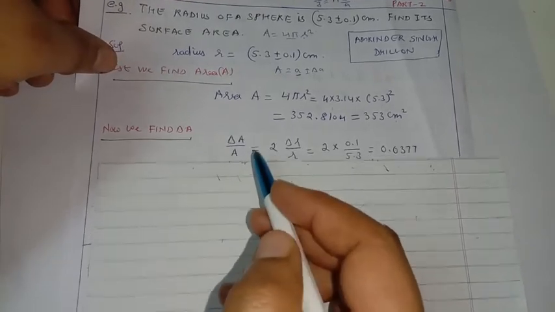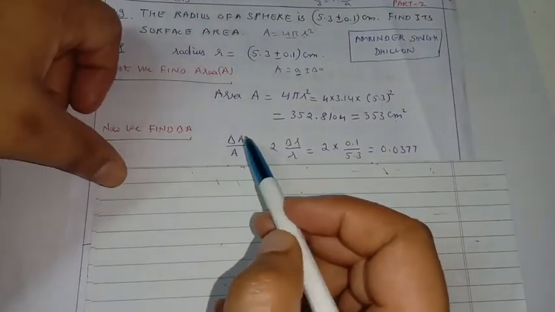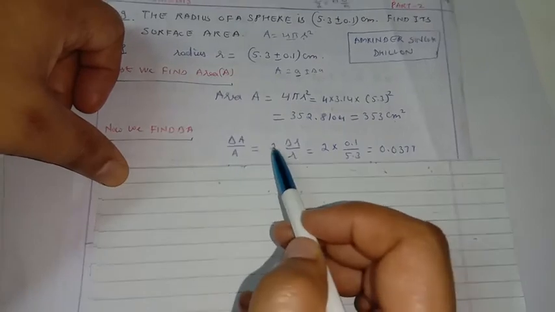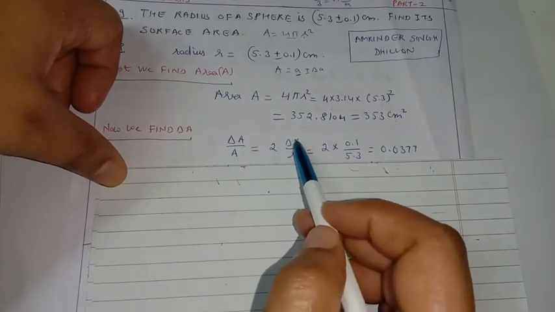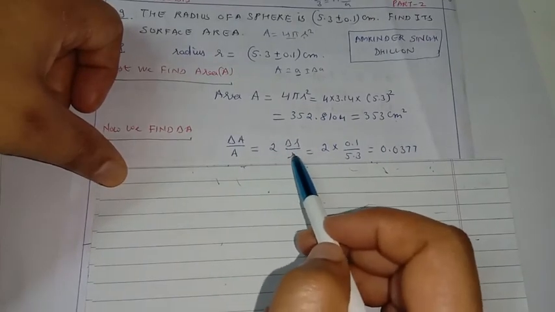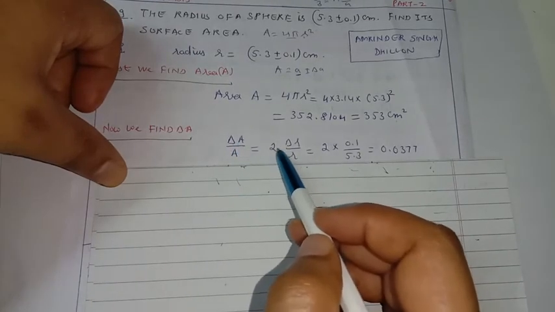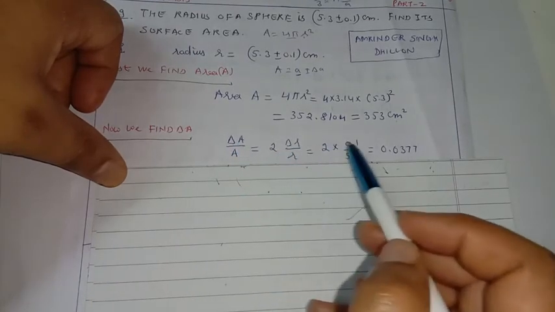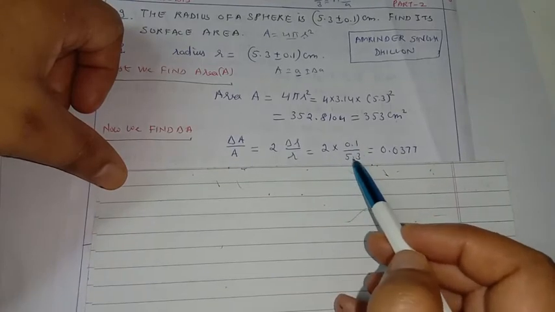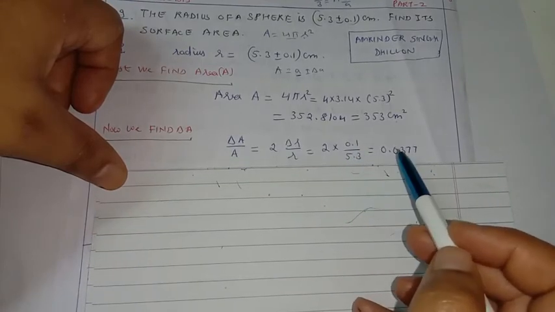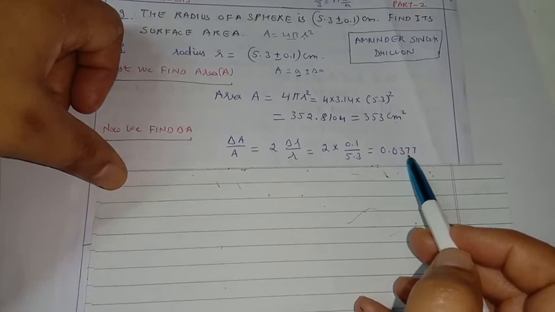Then we have to find the error in the area. For this we use the result delta A over A is equal to n times the relative error in the radius, that is, the relative error in the area is equal to 2 times the relative error in the radius. It will be equal to 2 into 0.1 divided by 5.3, which is 0.0377.